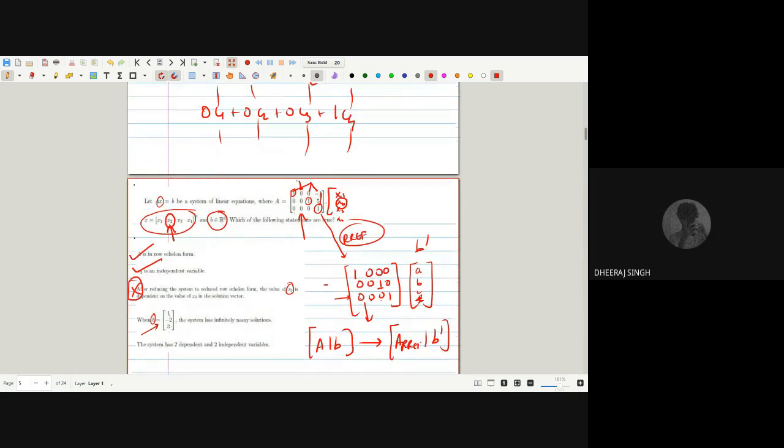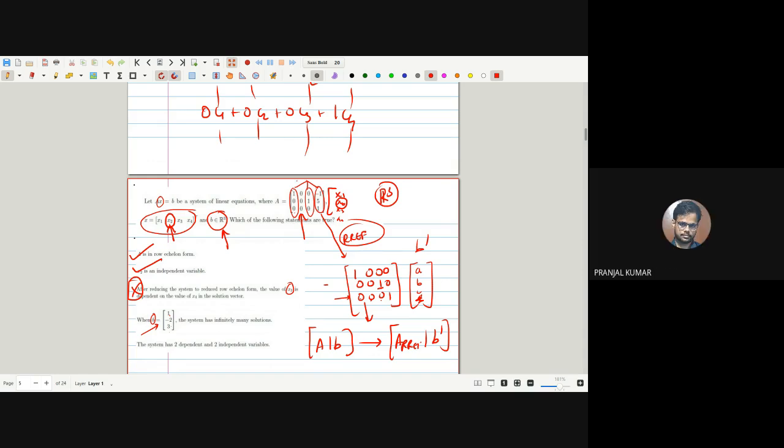What is the span of columns? What is the dimension of the span of columns of A? Would it be a three-dimensional subspace? Yes, R3. There are three independent columns, so it is R3, right? Now you know that the span of these columns is R3 itself, and b belongs to which space? R3 itself, right?